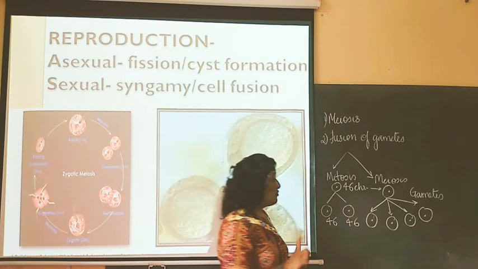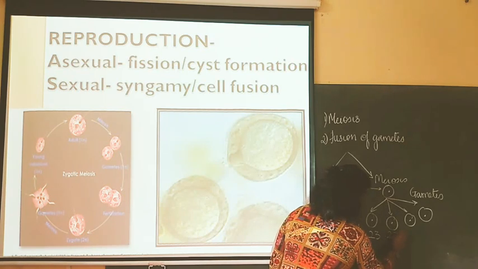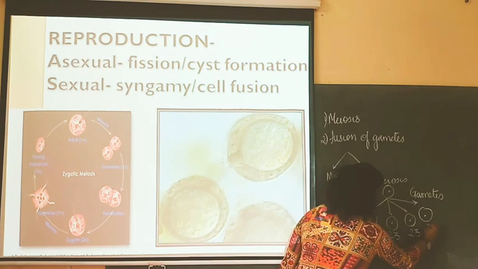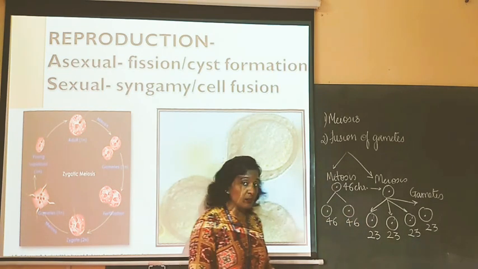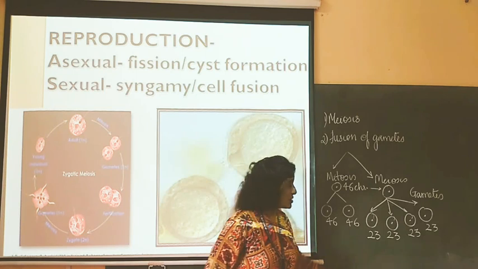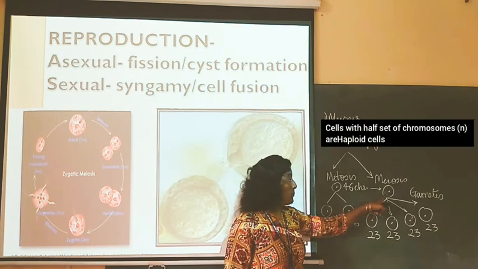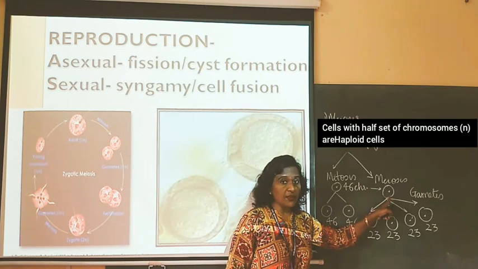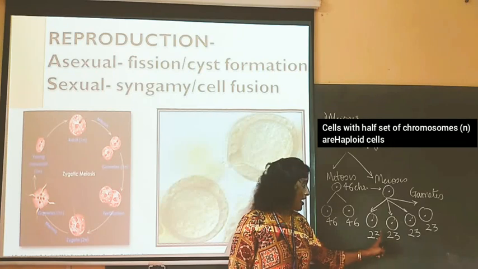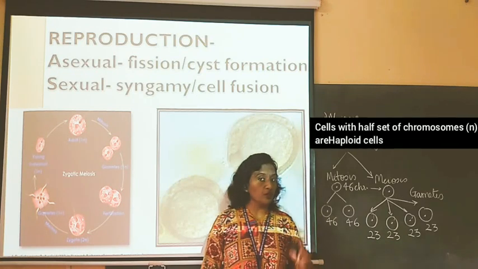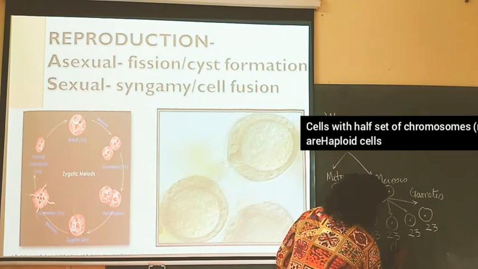Each gamete will receive half the number of chromosomes, so each daughter cell will have 23 chromosomes. That means the number of chromosomes is reduced to half, right? Earlier, the parental cell had 46 chromosomes, but now the gametes have 23 chromosomes.